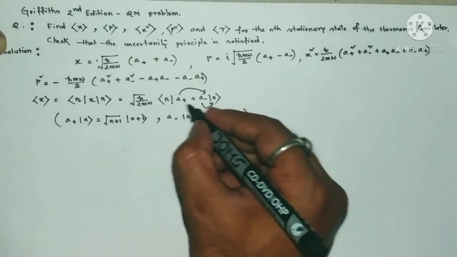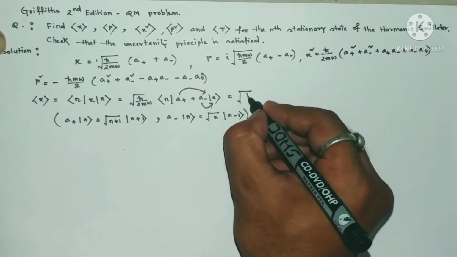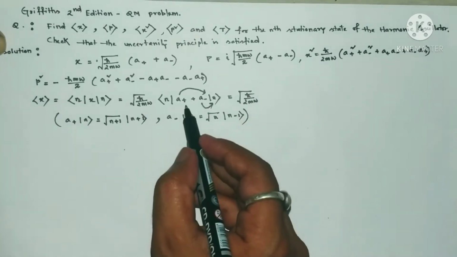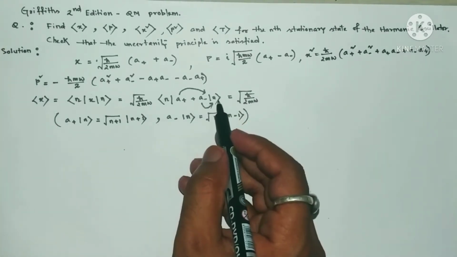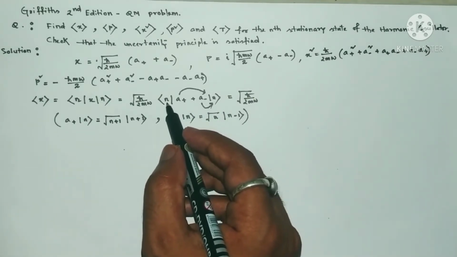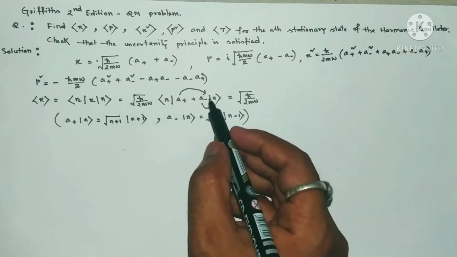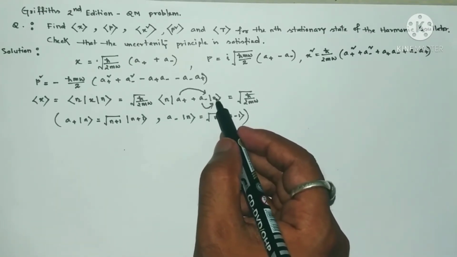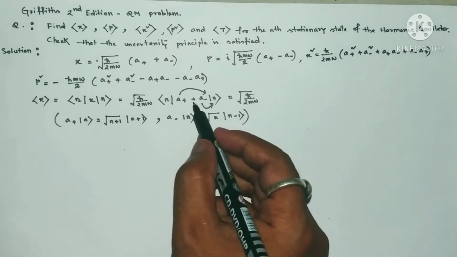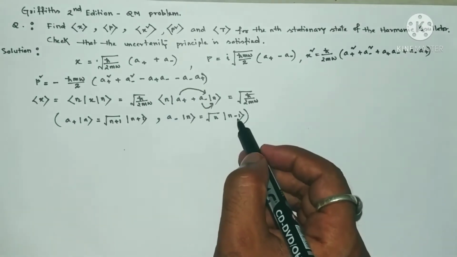So we will be doing here the same operation, h cross by 2 m omega. When we operate a plus on n, we get something times n plus 1, so the inner product of n and n plus 1 will be 0. Similarly, when a minus operates on n, we get the state n minus 1, and the inner product of n with n minus 1 will be 0.